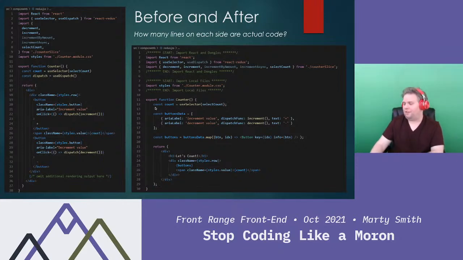The constant variable count gets the return value from the function useSelector fed in the argument selectCount. The variable buttons data gets an array with two values. Those values are objects. Const buttons, etc., etc. You get the point. This I feel like I can read as a sentence.